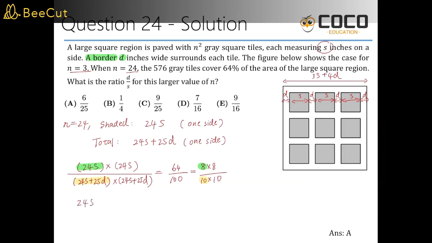So we can get the simplest ratio, 24s over 24s plus 25d equals 8 over 10. We can change it further. If you multiply both top and bottom by 3, it becomes 24 over 30.